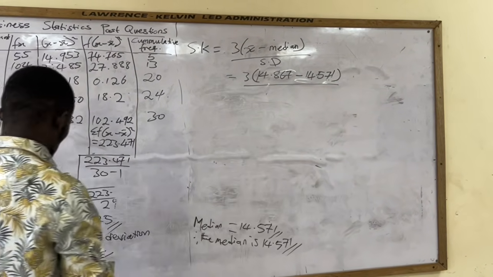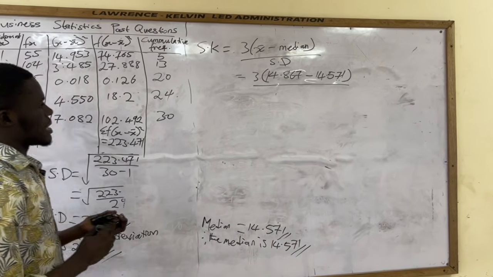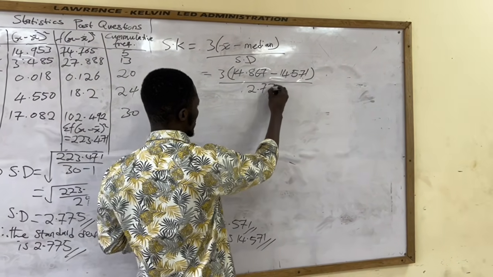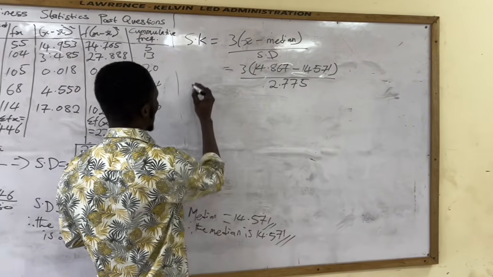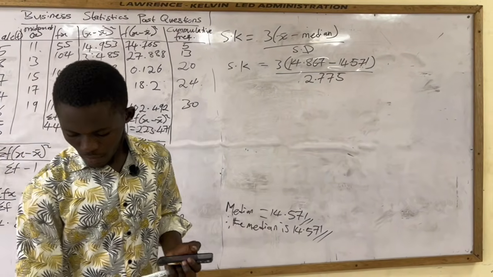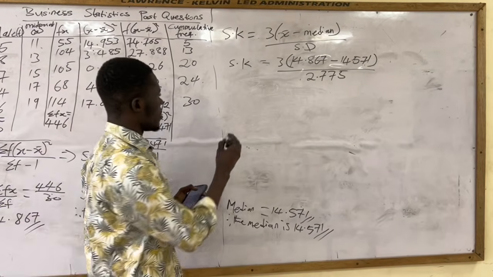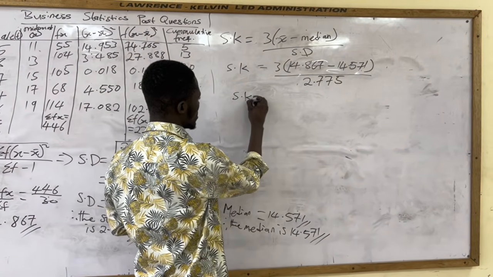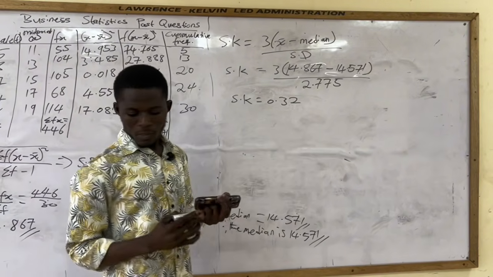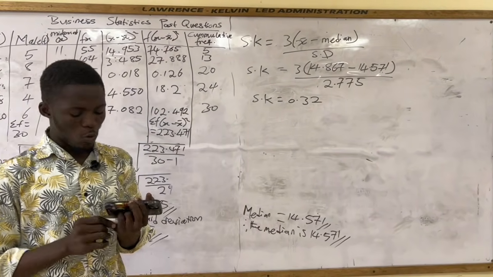Our standard deviation was 2.775. Now let's point this on the calculator and see what we will get. We will get the skewness to be 0.32. They said we should comment on it.